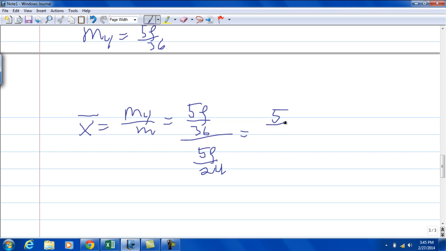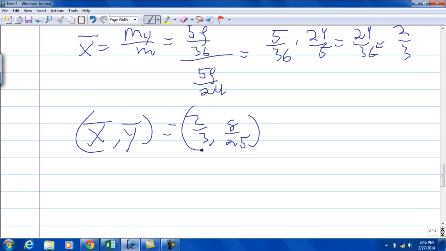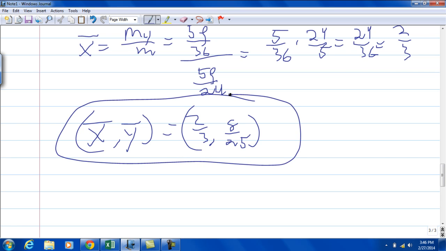So we have 5/36, the rhos divide out, times 24/5. 24 over 36, that could be reduced by 12 to give us 2/3. So x bar, y bar is going to be 2/3, 8/25. Okay. Hope that helps.